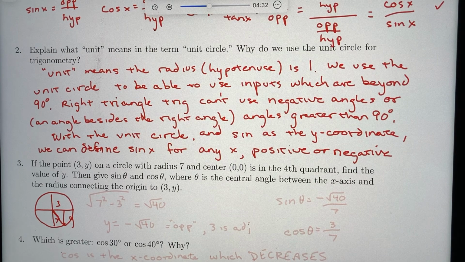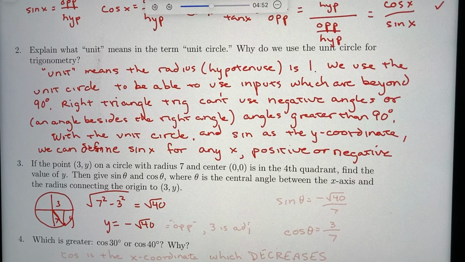Okay, and that means we can do 7 squared minus 3 squared, 49 minus 9. But that's not quite y, because y is in the 4th quadrant, so y is negative root 40.